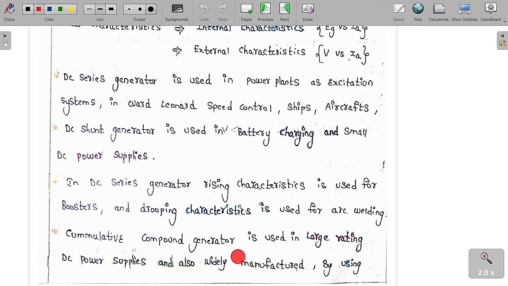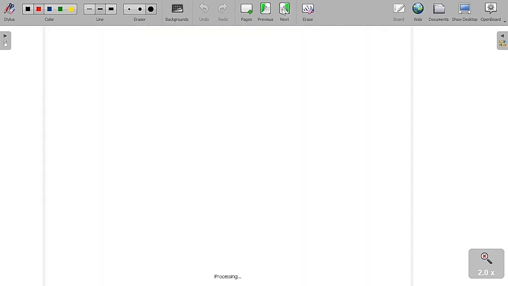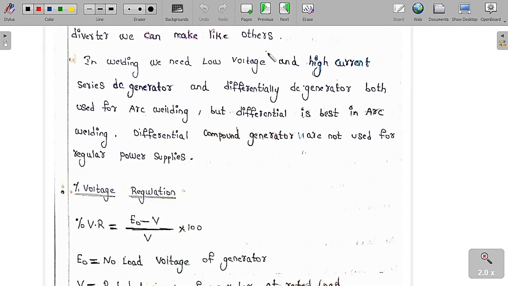The cumulative compound generator is used in large rating DC power supplies and is also widely manufactured, because by using a diverter we can make it behave like other machines. If you keep the diverter, we can make the cumulative compound generator into any other machine that we want.